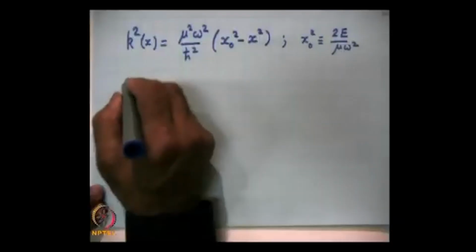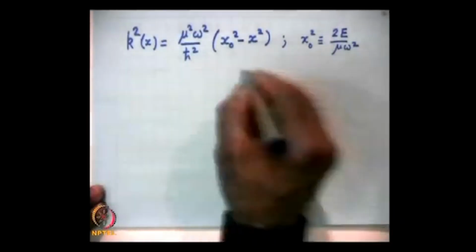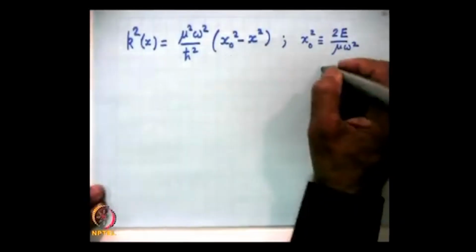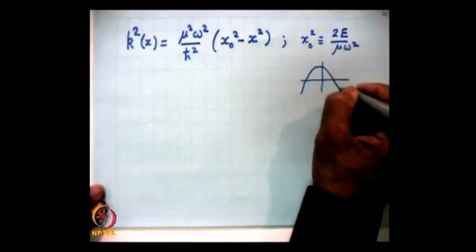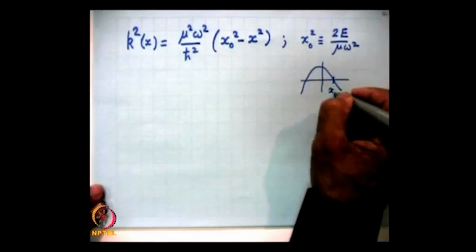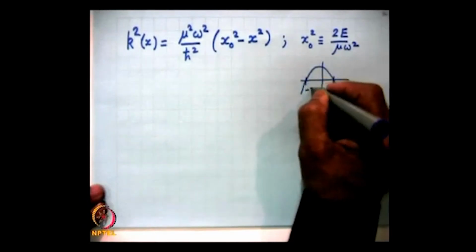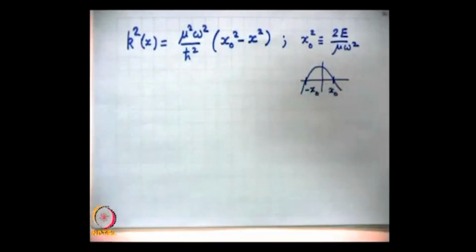So, the turning points are, the k square of x variation, as you can see, will be something like this. This will be plus x naught and this will be minus x naught.